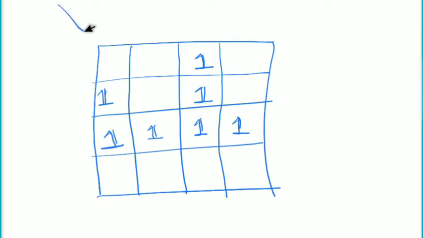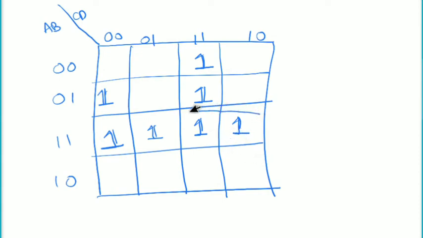For this example, let us consider A, B, C, D. We will write down the answer also. 0, 1, 1, 1, 1, 0, 0, 0, 0, 1, 1, 1, 1, 0, right. As I said, if any row or any column is filled with all ones, you can make a quad.